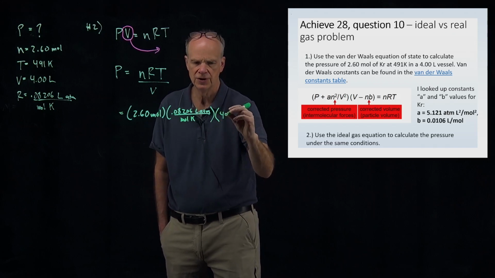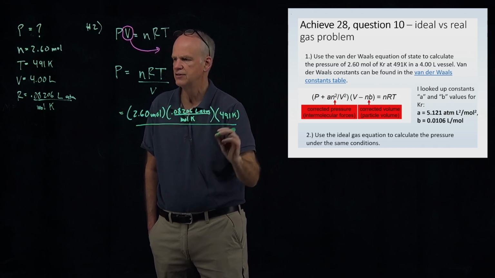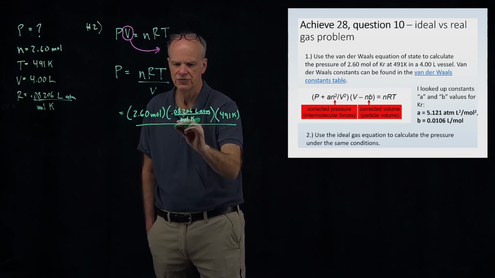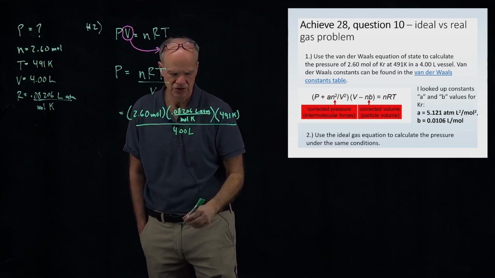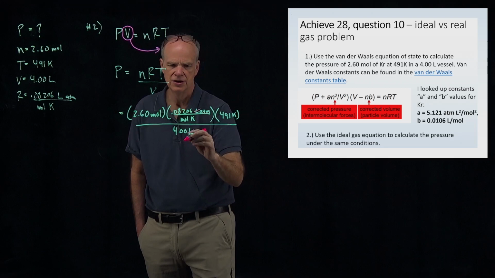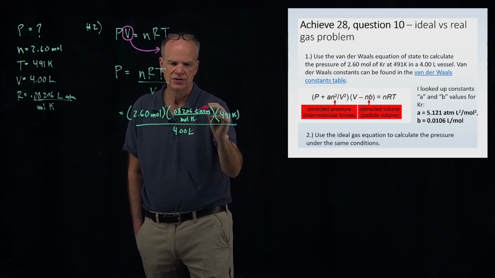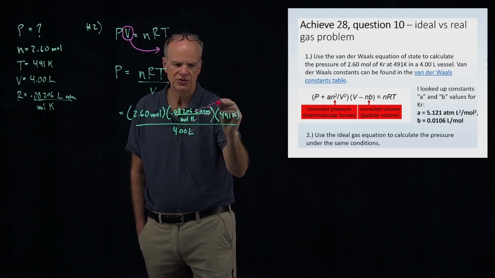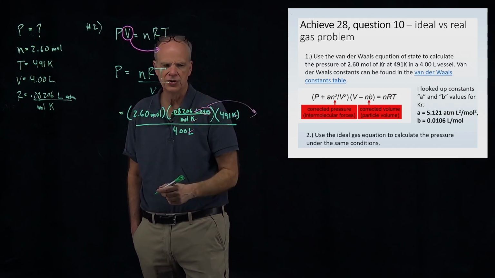It's 491 K. And then we divide that by volume, which is 4.00 liters. And so let me just confirm that units cancel out. So liters cancels out here, moles cancels out here, Kelvin cancels out, and it looks like atmospheres does not cancel out. So that will be our answer.